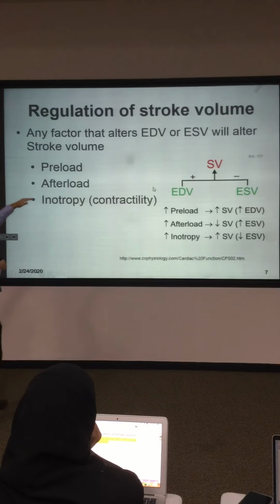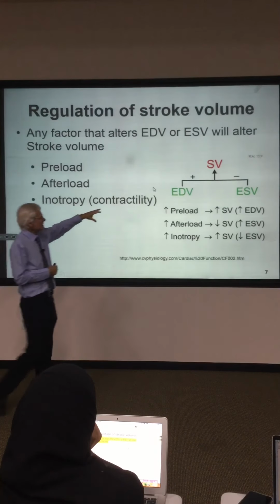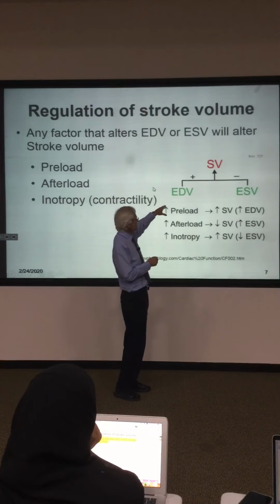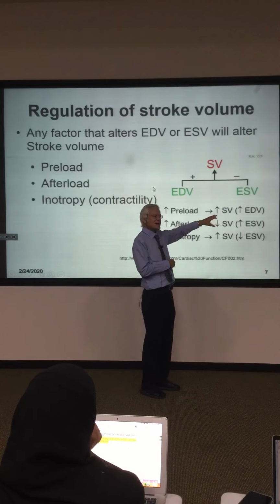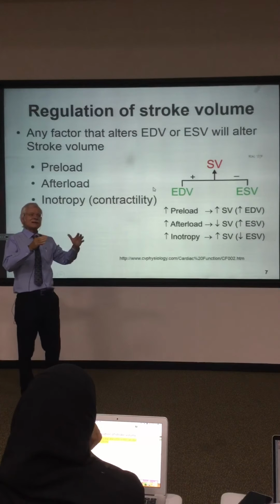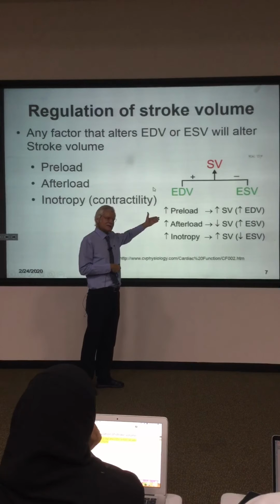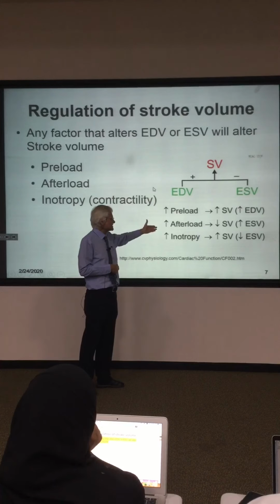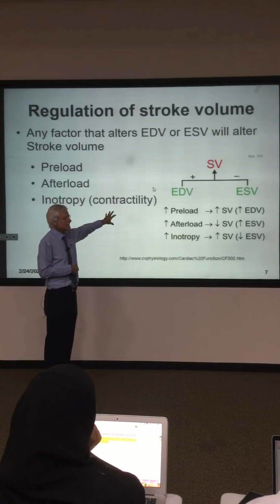So if we just focus initially on stroke volume rather than heart rate, here we can see various things that can affect end diastolic volume and various things that can affect end systolic volume. So end diastolic volume, the amount of blood in the heart, the filling, can be affected by preload, can be affected by afterload, or can be affected by contractility. Yeah?